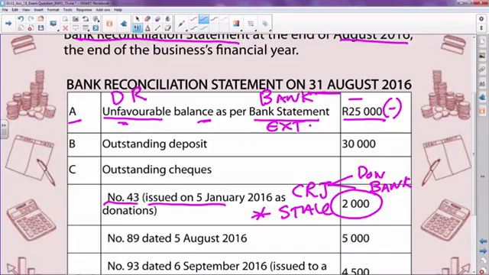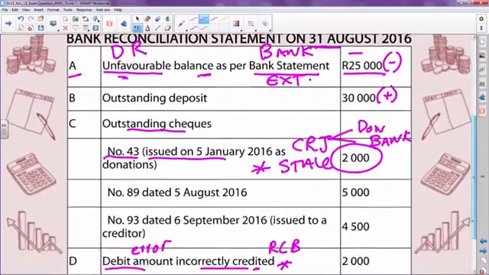Right, then we've got an outstanding deposit. Outstanding deposits, a deposit I know is something positive because money is going into my bank account. Right, outstanding checks, immediately outstanding checks would obviously decrease my bank balance. So these amounts would be, again, negative amounts.